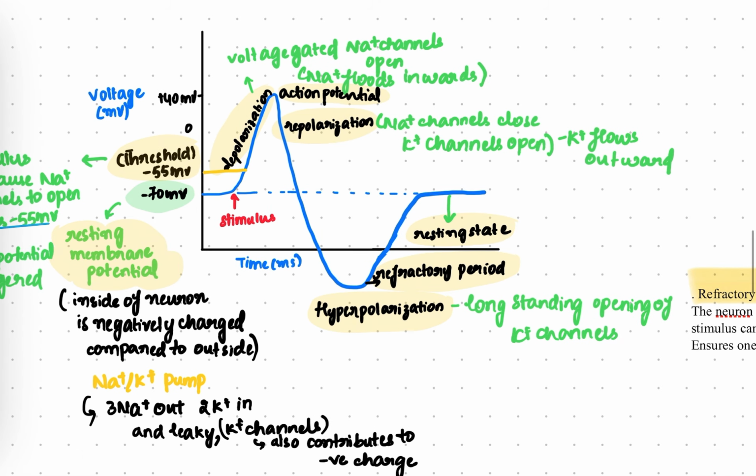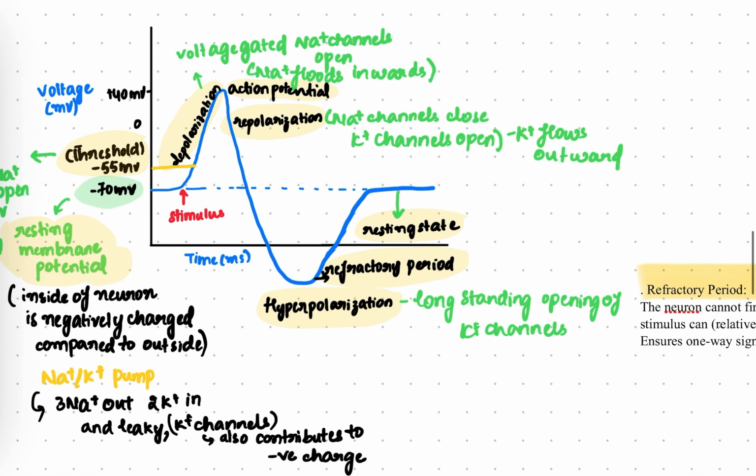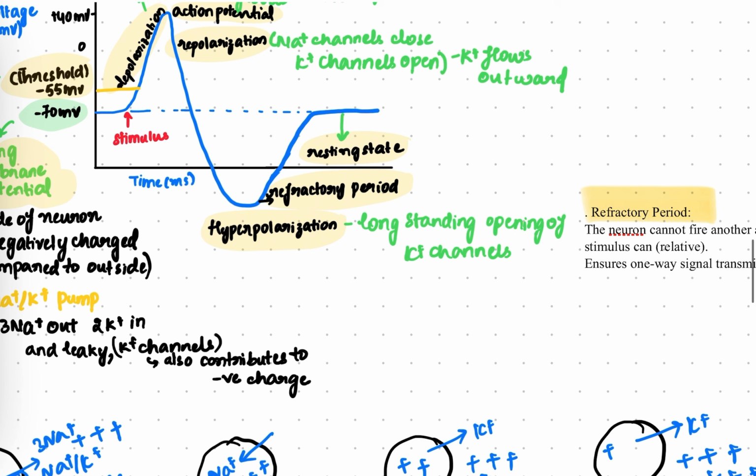Next is hyperpolarization. Generally these potassium channels will close. Whenever there is long standing opening of the potassium channels, more positive charge is lost, and that leads to hyperpolarization. Then the potassium channels close and it reaches the resting state, that is, the resting membrane potential. Only the sodium potassium ATPase pump is functioning here along with the potassium leaky channels.